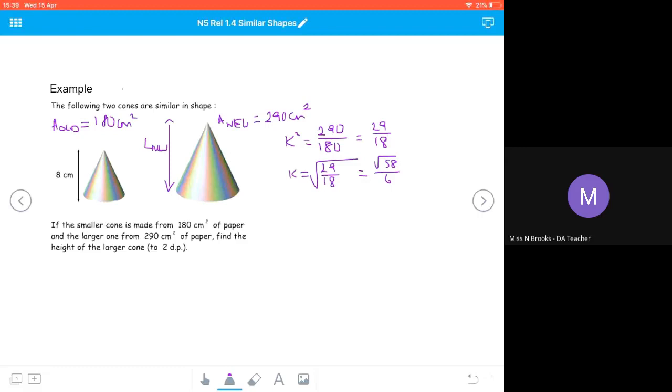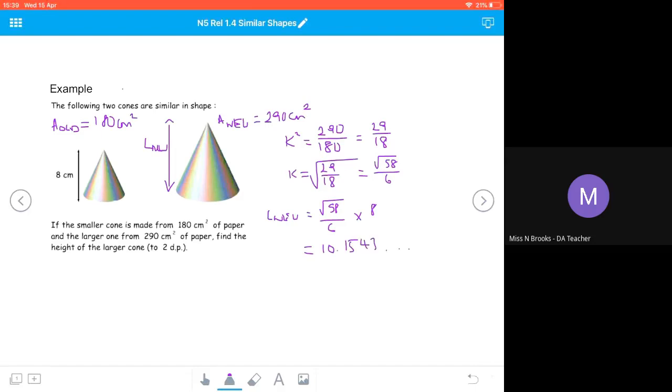Now, we've got k, we've got the length of the old shape, which is 8 centimeters, and so we're going to multiply k by 8 in order to get the length of our new. So L new is going to be root 58 over 6 multiplied by 8. And that gives us 10.1543, and so on.